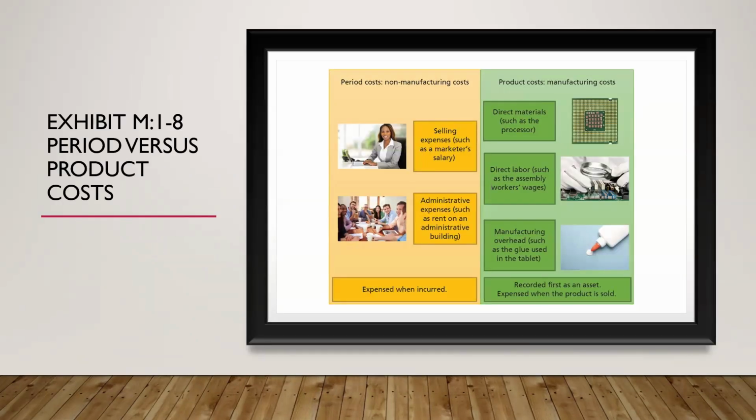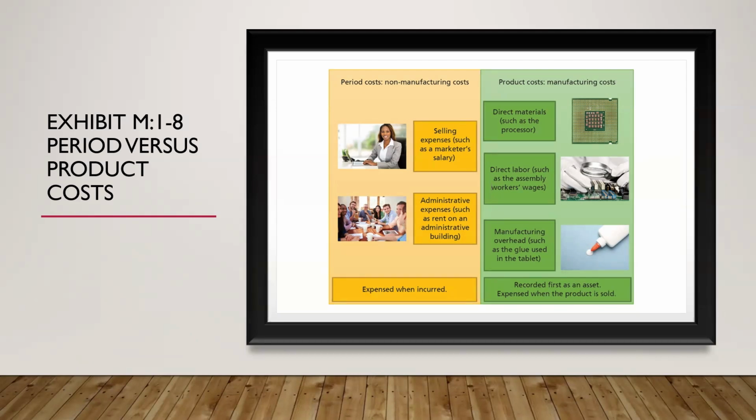Here you see Exhibit 1A, illustrating the difference between product and period costs. Again, you have your period costs, which are non-manufacturing costs, which could include selling expenses, salary, administrative expenses, building rental fees. They are expensed when incurred.